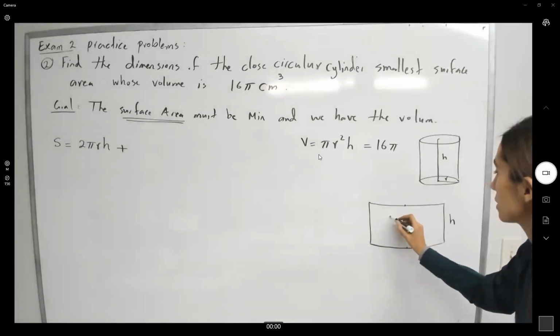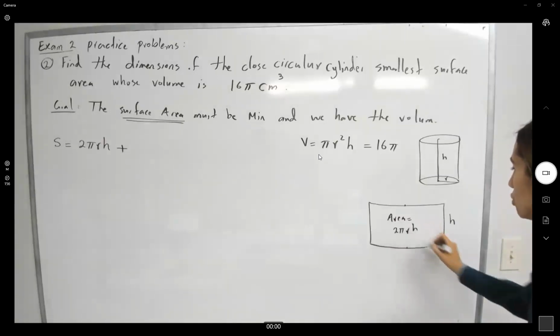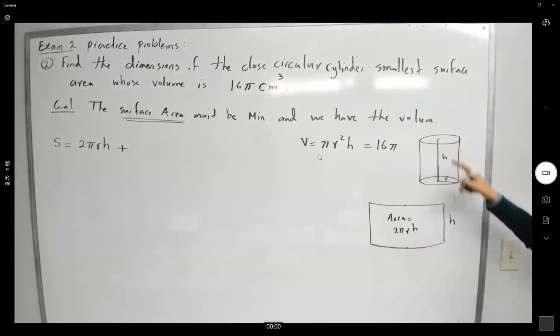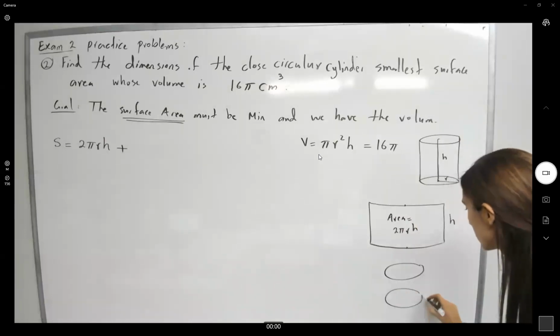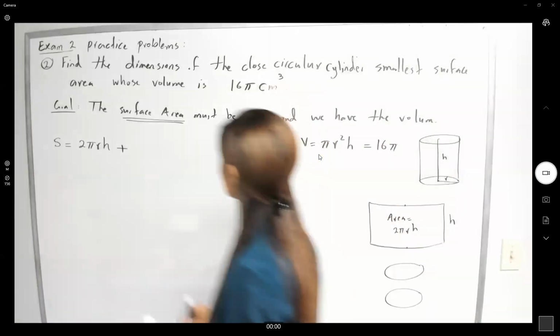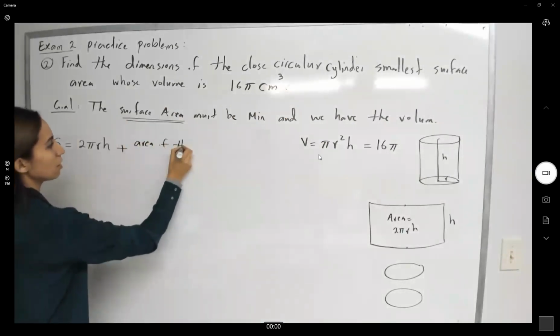This is the surface area. 2 pi rh, and then you have the areas of these two discs as well as the area of the circles.